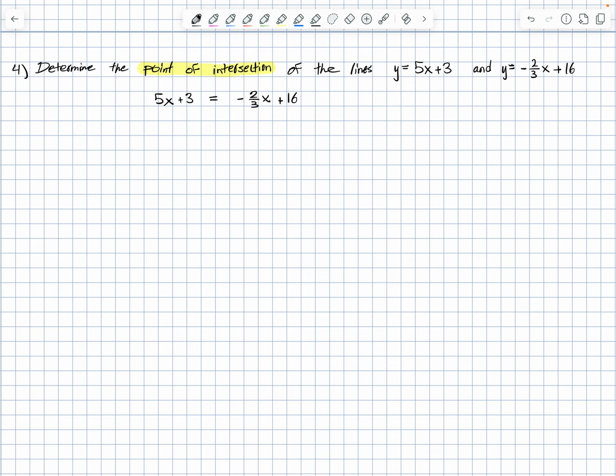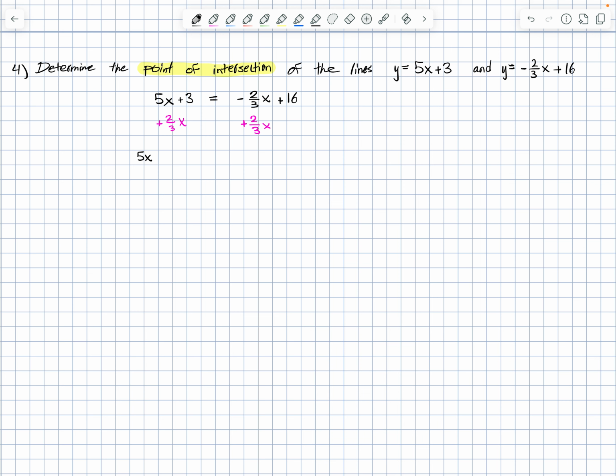So here, when I get to this situation, I want to get all the x's on one side and all the numbers on the other. So I'm going to add 2 over 3x to both sides to eliminate it from the right side. So I get something like this. Let me just write it out first.